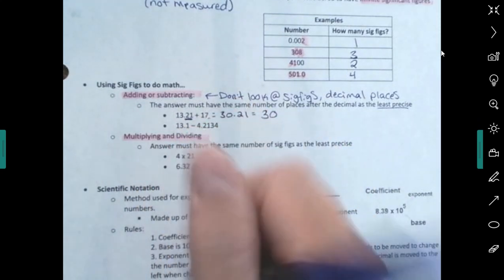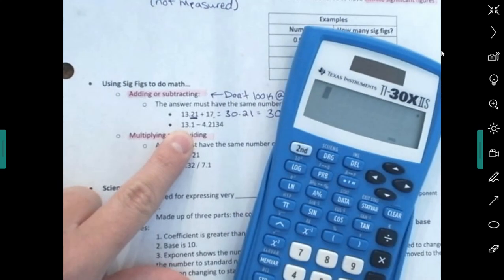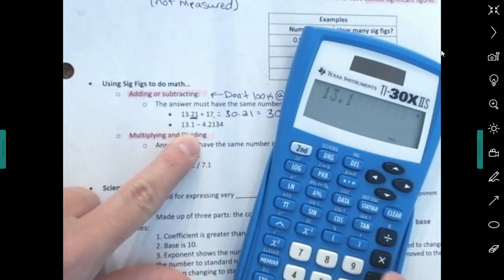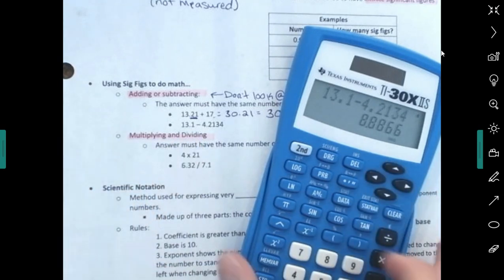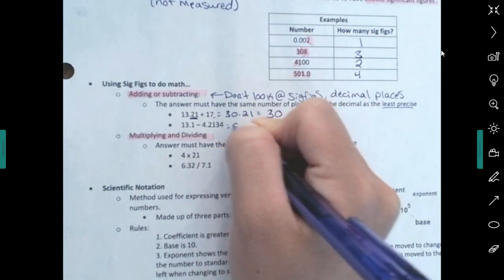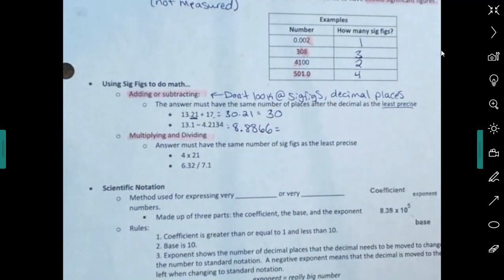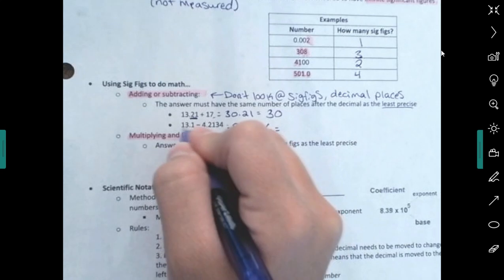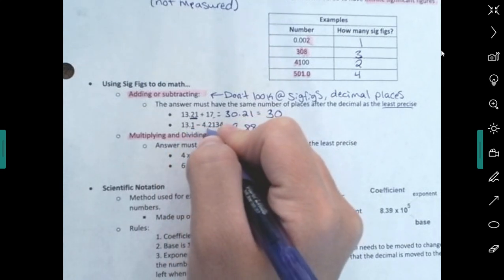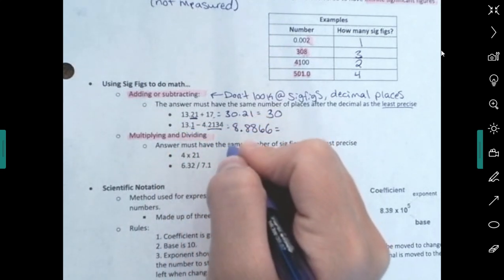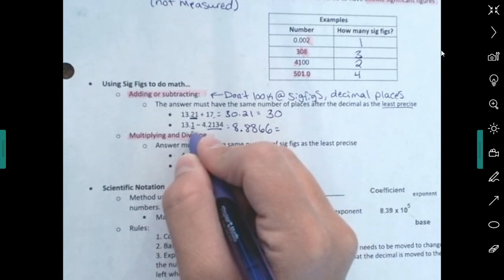Let's try this one. I'm going to subtract those in my calculator. Let's see what we get. 13.1 minus 4.2134. And I get this. So I'm going to write out my unrounded answer. Oops, unrounded answer first. Okay. And then I need to figure out how to round it. This has 1 number after the decimal. This has 4 numbers after the decimal. I have to go with the least precise because this only has 1.